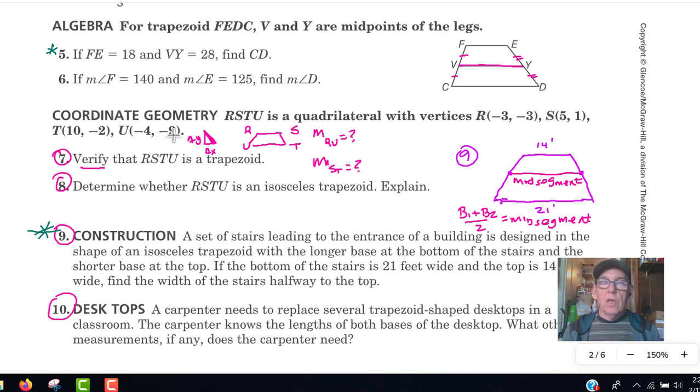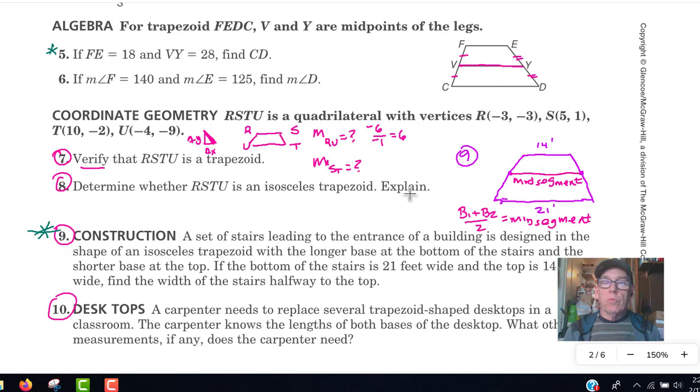It's actually dropping down from -3, another 6. So -6 is the change in Y. For the change in X, we're going from -3 to -4. We're going one more negative. That gives us a slope of 6.